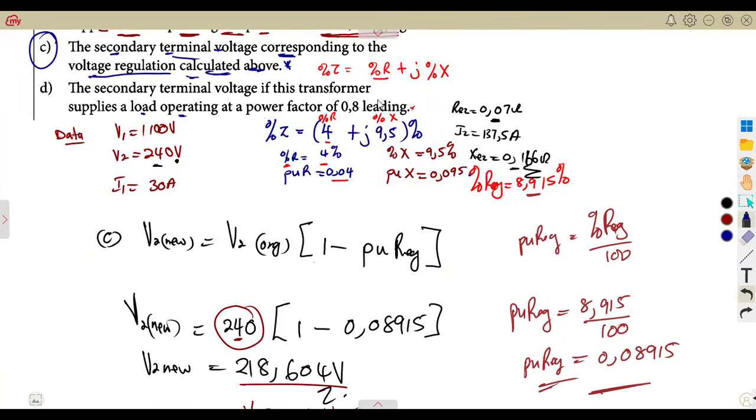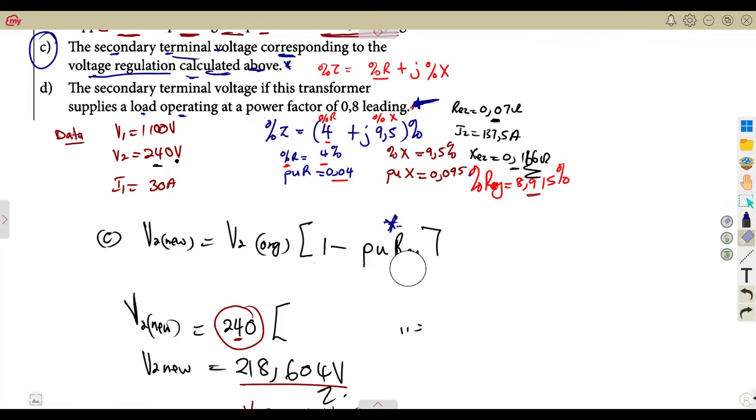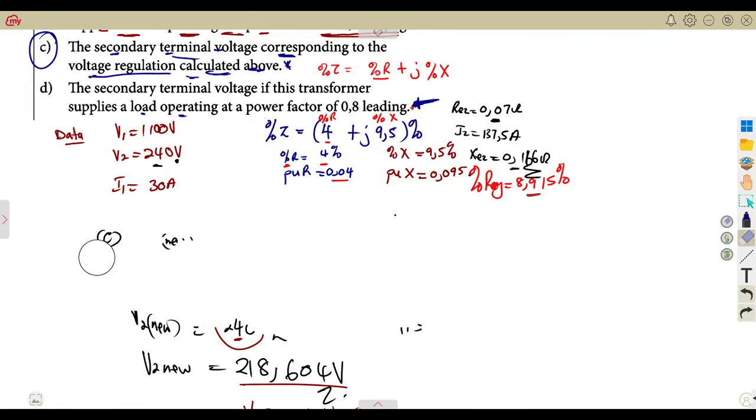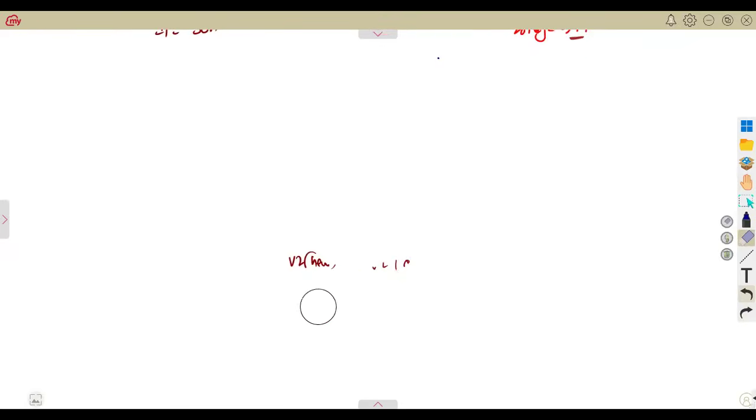So this one must correspond to the voltage regulation at this leading power factor. So we need per unit regulation again, meaning we are going to need percentage regulation first before attempting this question. So we saw the application of that formula, guys. You can use the formula that I used in the first part, or you can use the short one.